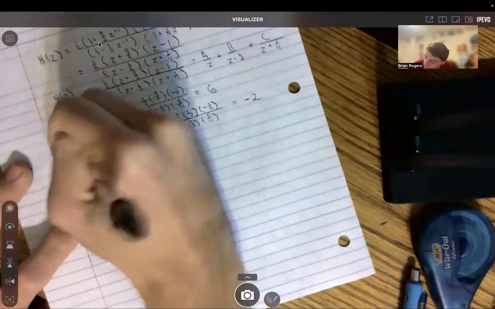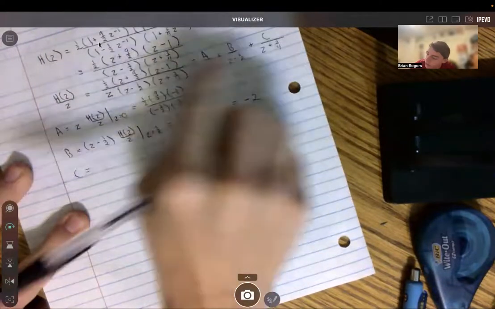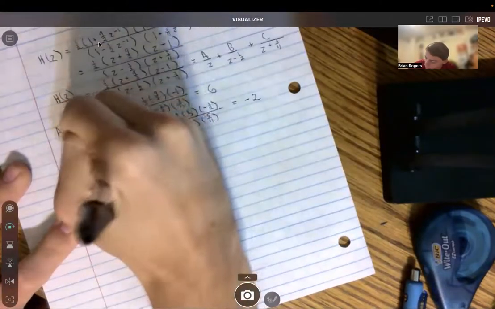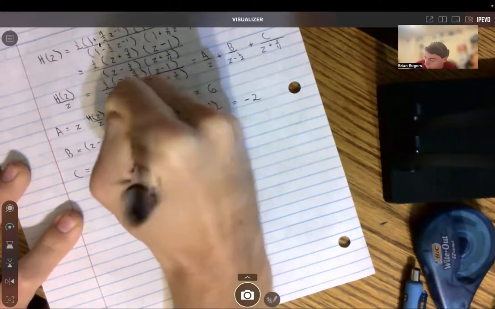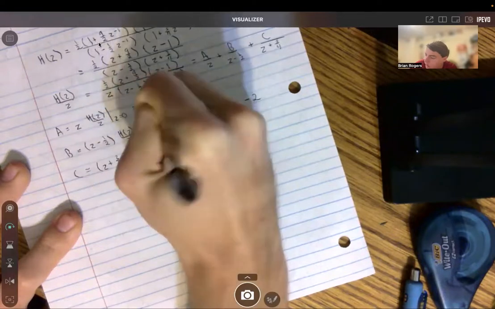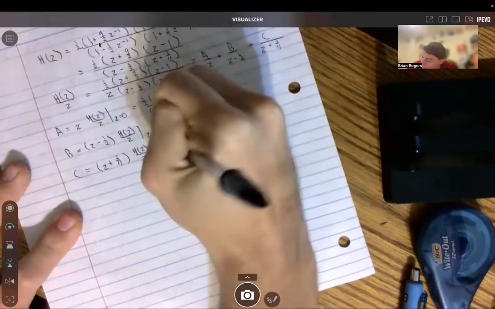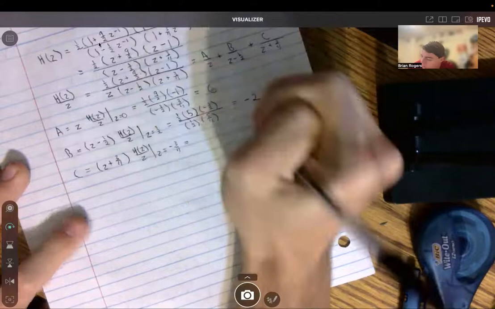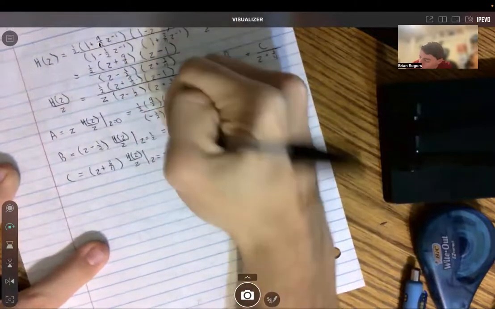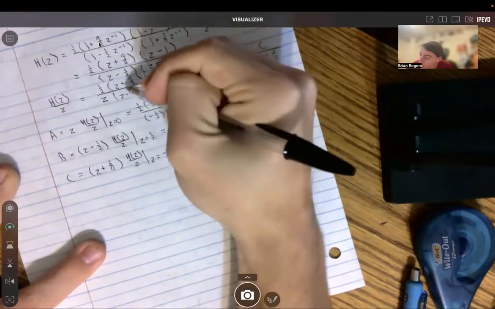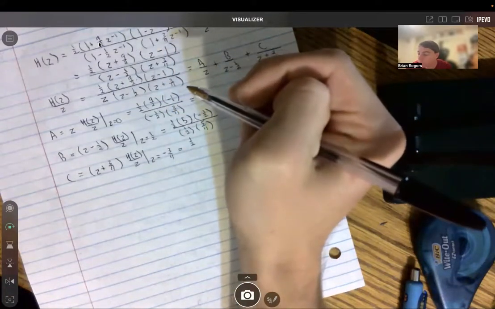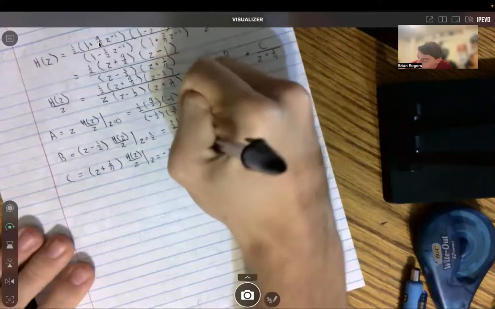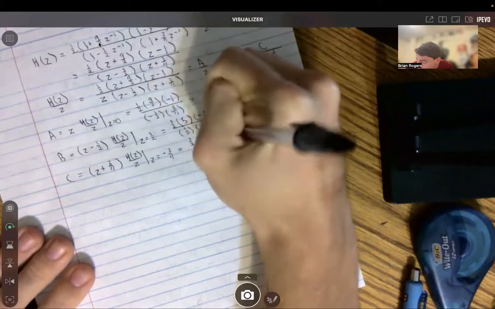When you plug that into your calculator, you're going to get -2. And then when you solve for c, you're going to multiply this entire thing by z plus 3/4, and substitute in for z. It's going to equal -3/4. So that denominator will cancel. And then you're going to have 1/2 times -3/4 plus 9/2.